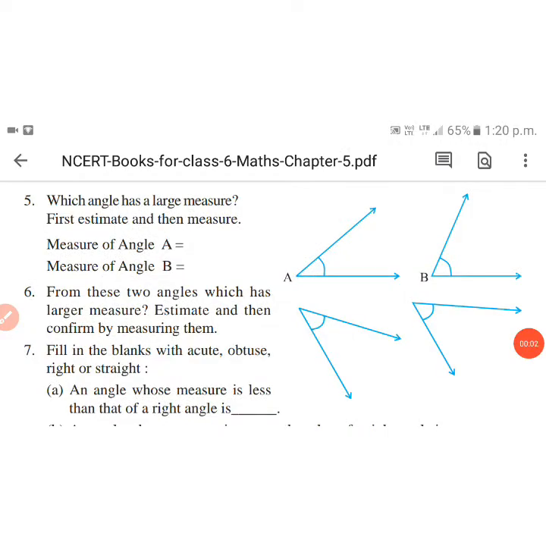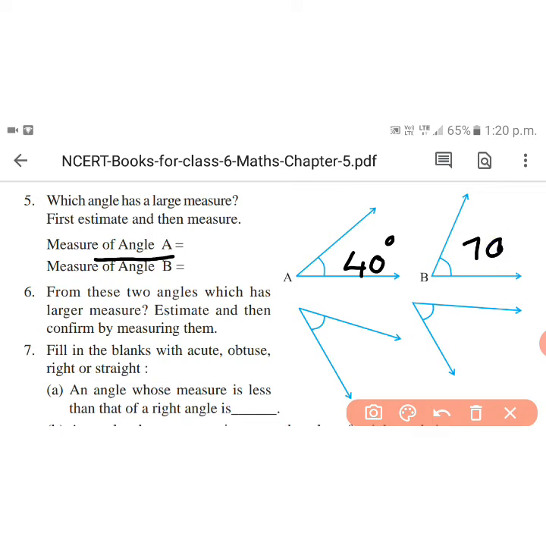Question number 5. Which angle has a larger measure? First estimate and then measure. So measure of angle A is 40 degree. Measure of angle B is 70 degree.